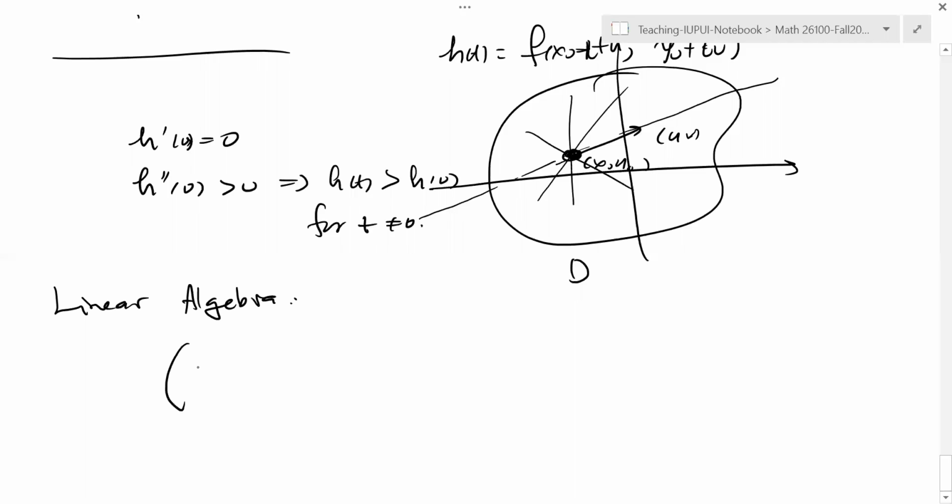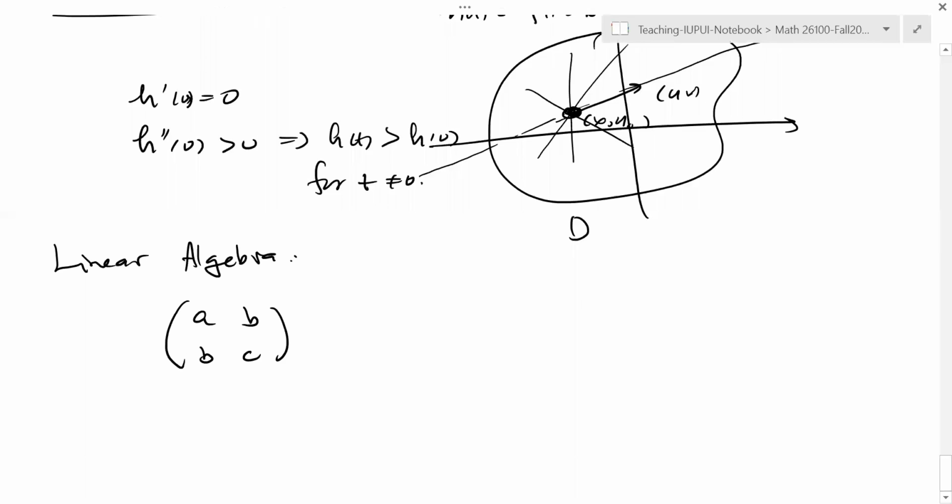Take a matrix with entries A, B, B, and C. Is this one positive definite? How to check whether it's positive definite? I'm going to take the determinant, which is AC minus B squared.